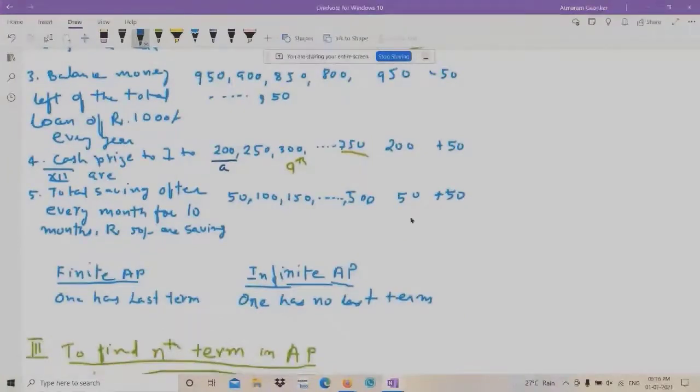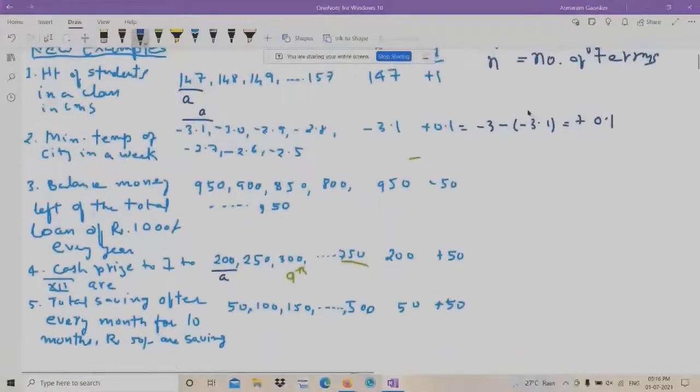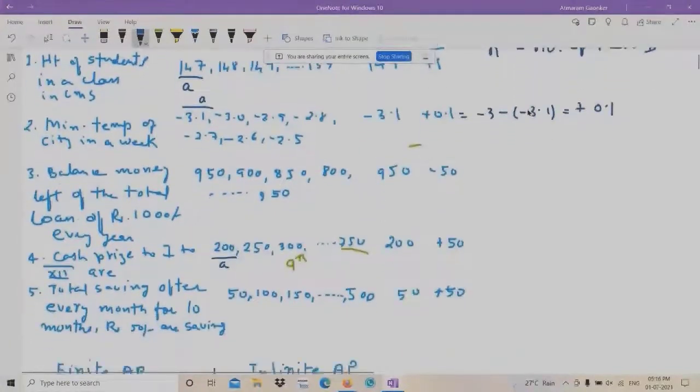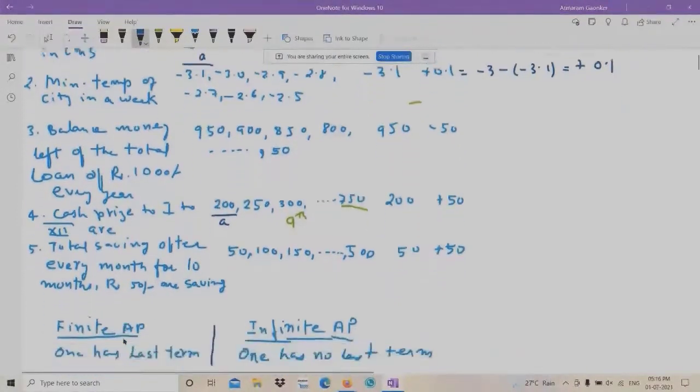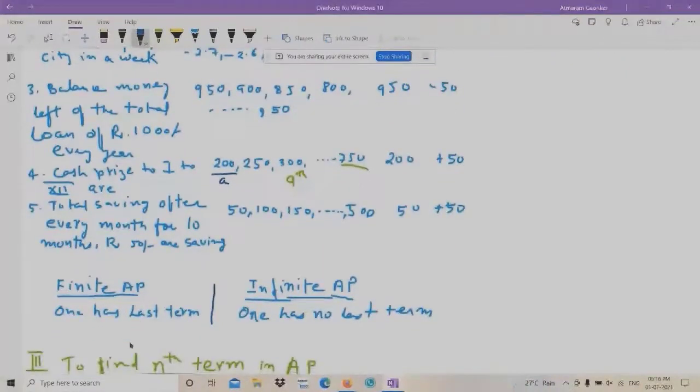So there is one more example, I will not discuss that. Two things you have to understand: what is called a finite arithmetic progression series and an infinite arithmetic progression series. So far, all that we have discussed are ending somewhere, and those series which are ending somewhere are called finite arithmetic progression, which has a last term.